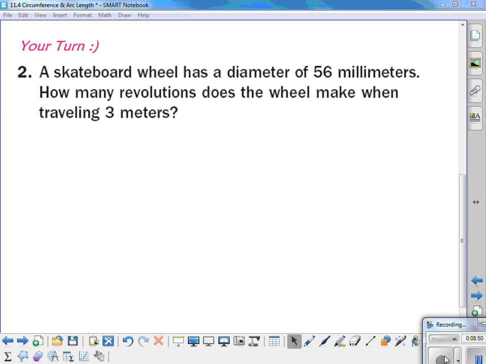Go ahead and pause the video now. You want to remember that the distance is just going to be the circumference times the number of revolutions. And again, we need to watch our units because I have millimeters and meters.